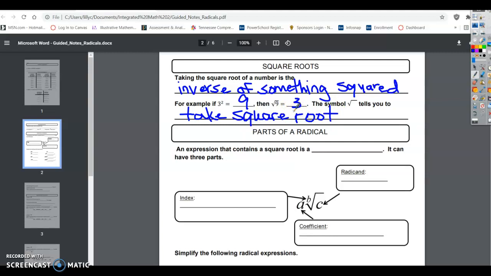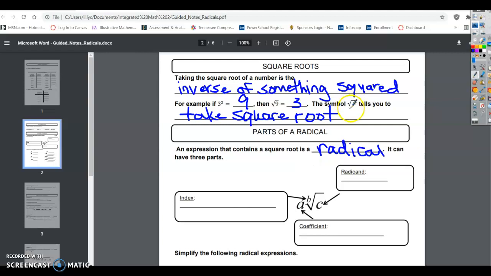Alright, there's different parts of a radical. An expression that contains a square root is a radical, and it can have 3 parts. So the index, you can see the index, that's a little number here.